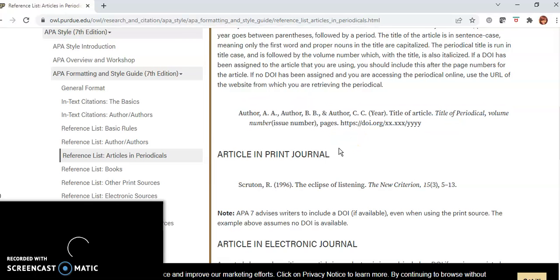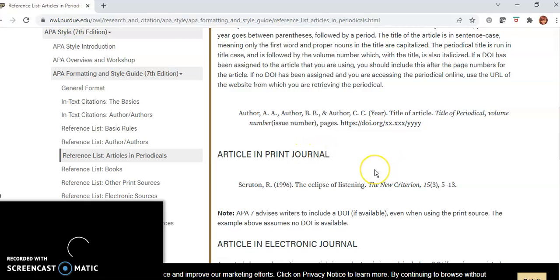For the question, I'm asking you to put it in order based upon how it will look on the reference page. I'm not asking for in-text citations. I'm only asking for the full citation that would go on the reference page.